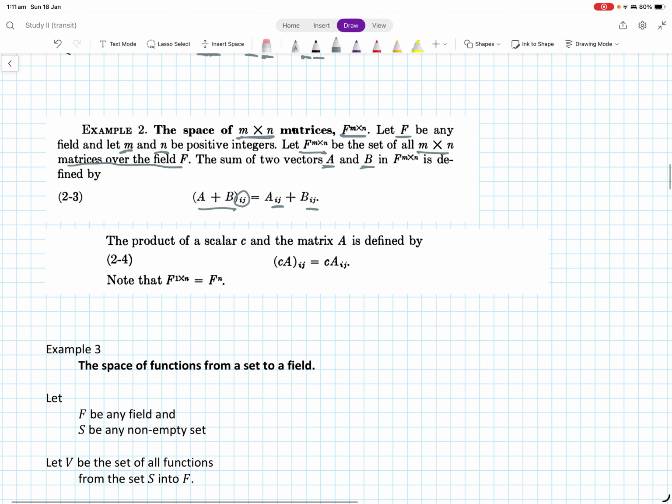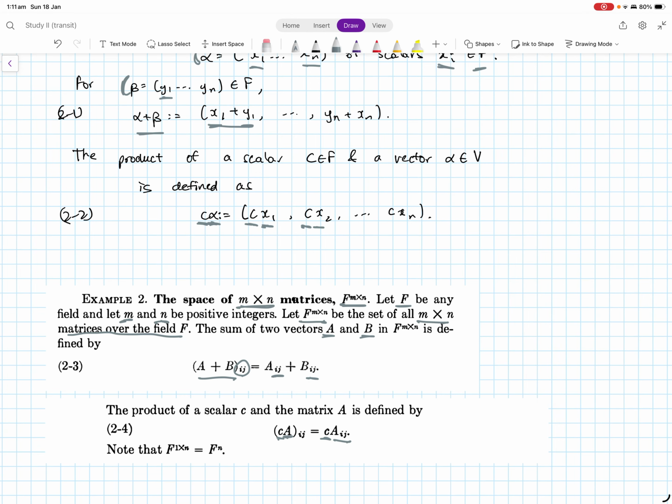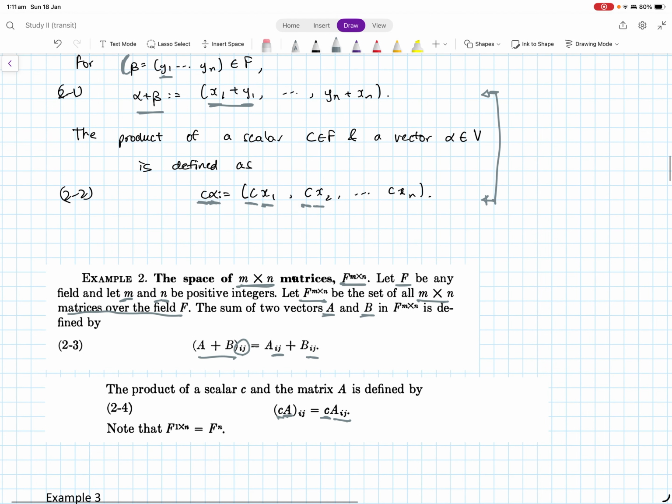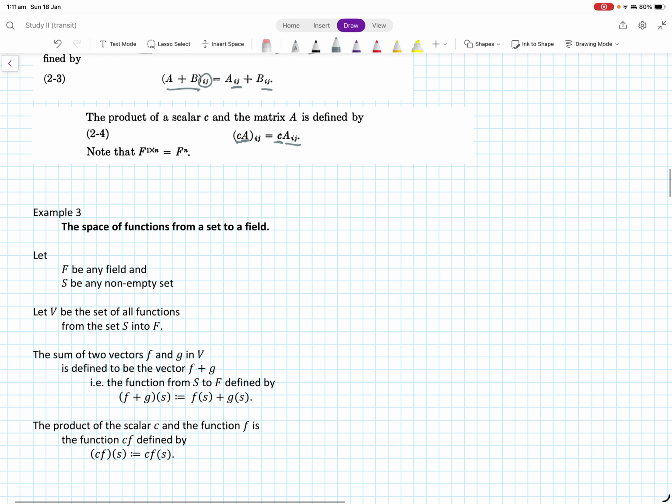So basically everything is component-wise. Similarly for multiplication by c of a vector A, the ijth component is just c times the ijth component of the matrix, right? So this is very similar to how we defined it for F^n, the regular vectors that we think about geometrically. All right, so that was the second example.